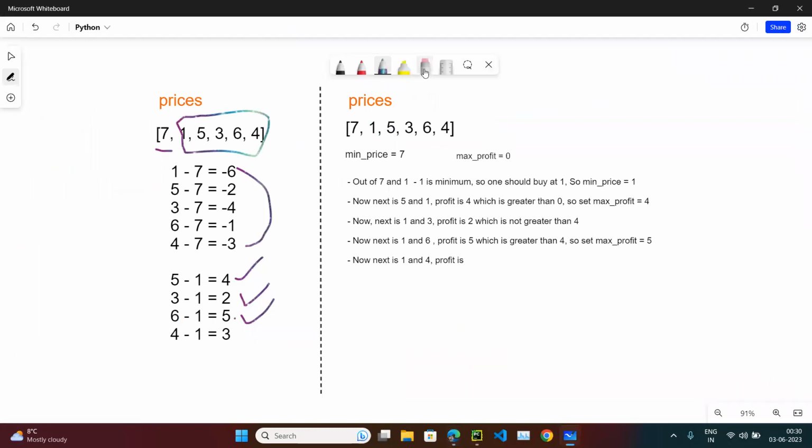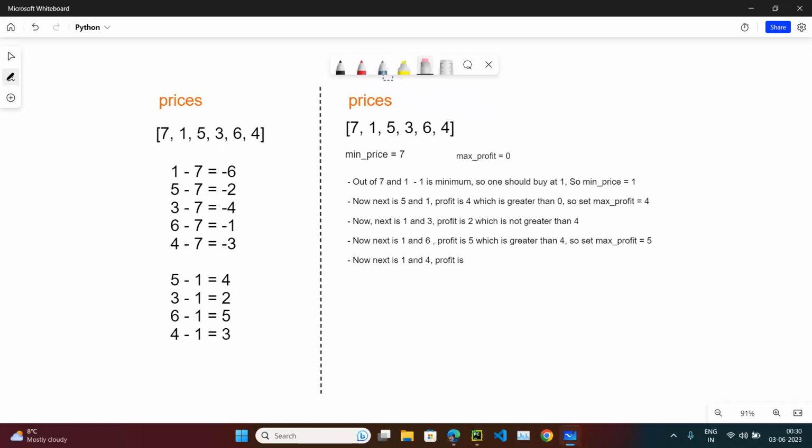Now this solution is not working. What is the second solution which we can think of? We need to find the maximum profit. So how are you going to achieve the maximum profit?